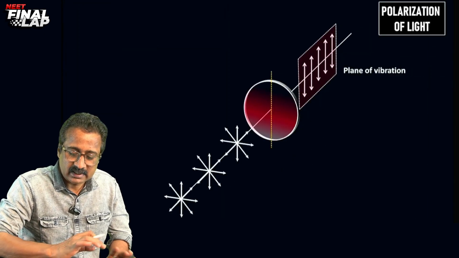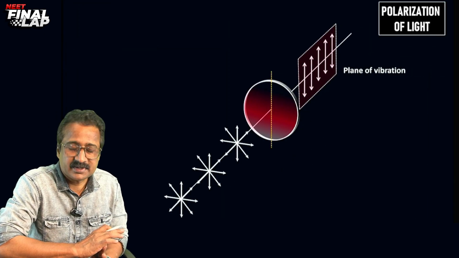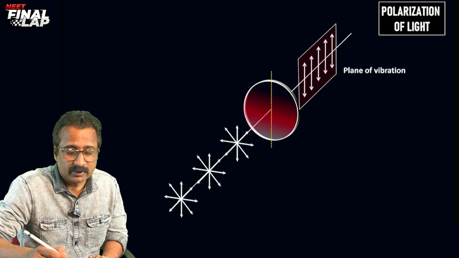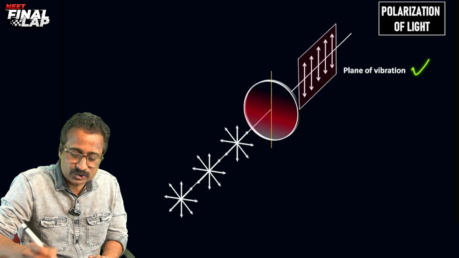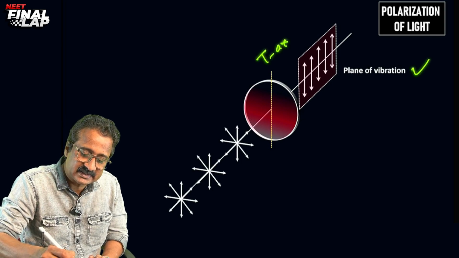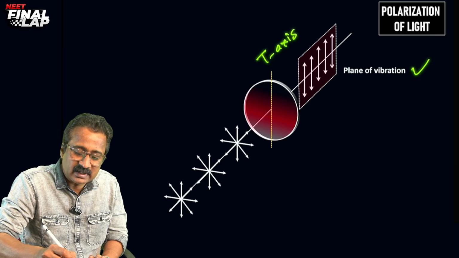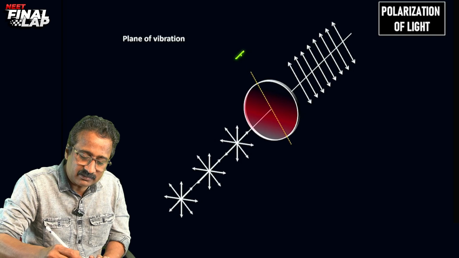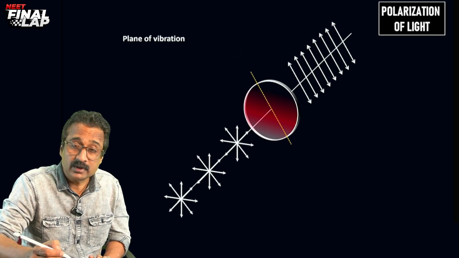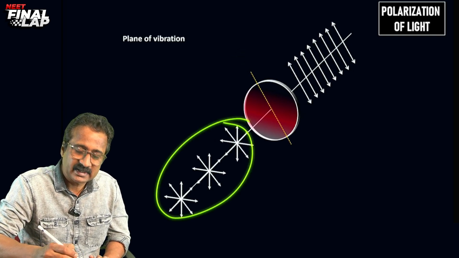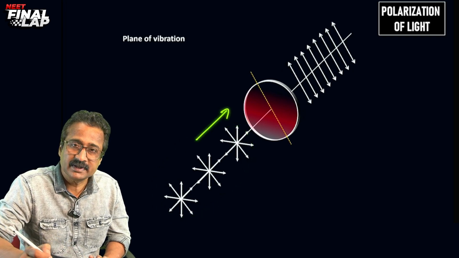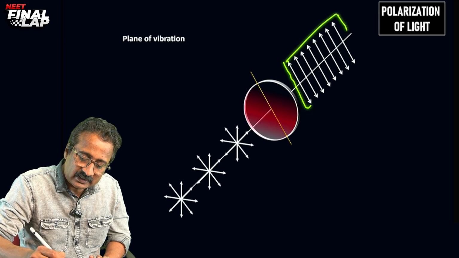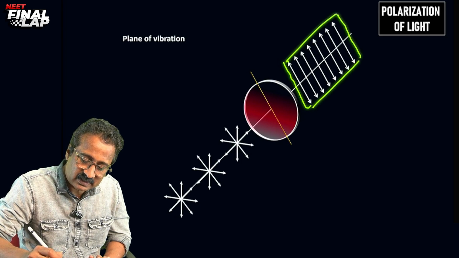Now let's see what happens when we tilt the transmission axis. In this figure, I have shown that light is passing through a Polaroid and the plane of vibration is as shown here, and this is the t-axis, at least in this figure. Let's see what happens when we incline the t-axis. Okay, in the next figure, you can see that the same t-axis is a little inclined. Look at what's happening. This is the unpolarized light or ordinary light that is passing through this device. Now we can see that again polarization is taking place, but look at the way the plane of vibration has been inclined here.